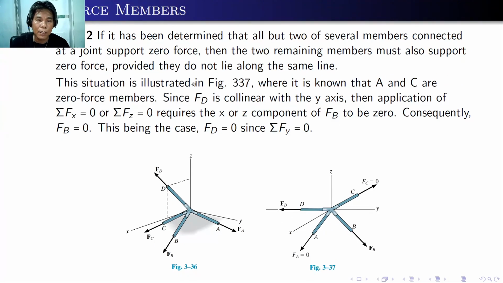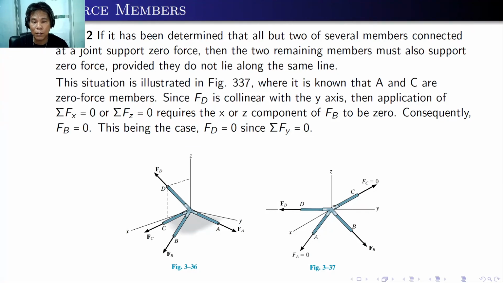The other case is that if it has been determined that all but two of several members connected at a joint support zero force, then the two remaining members must also support zero force, provided they do not lie along the same line. This situation is illustrated in the second figure, where it is known that A and C are zero force members.